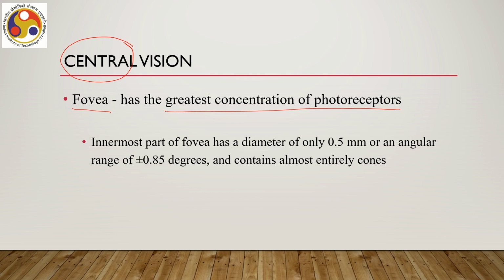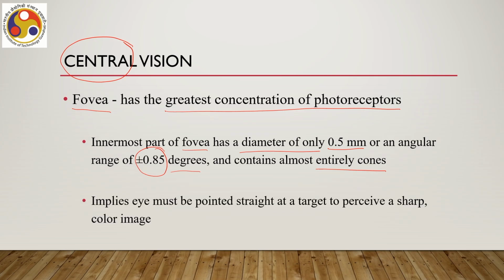The innermost part of the fovea has a diameter of only 0.5 millimeter, or an angular range of plus or minus 0.85 degrees, and contains almost entirely cones. This part contributes to our idea of central vision.